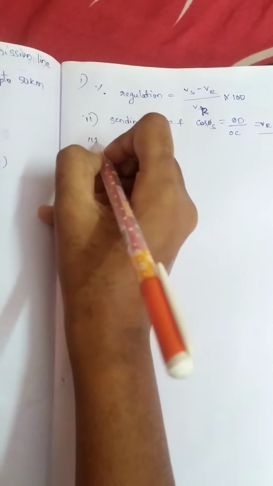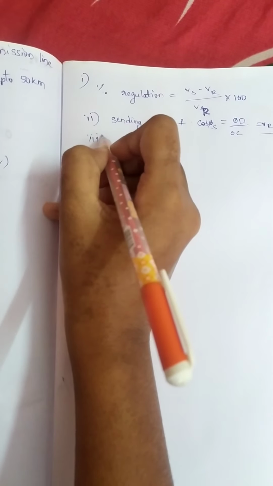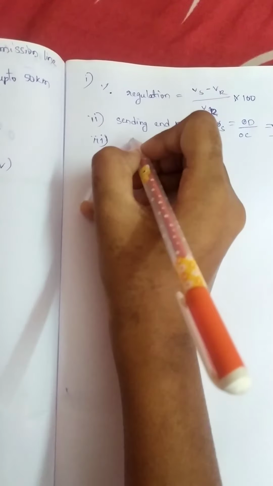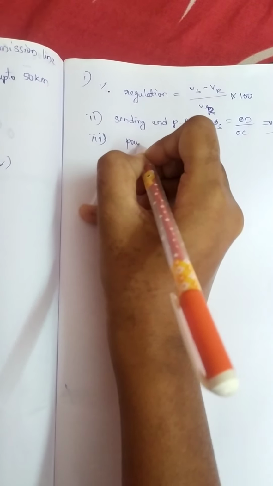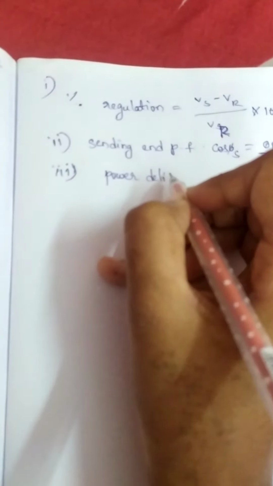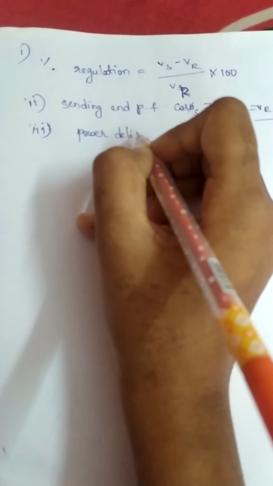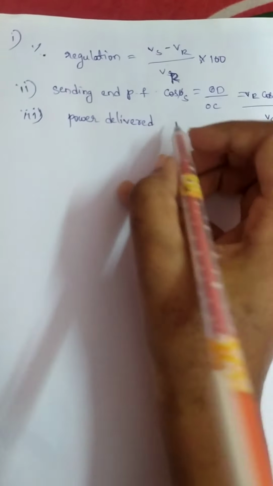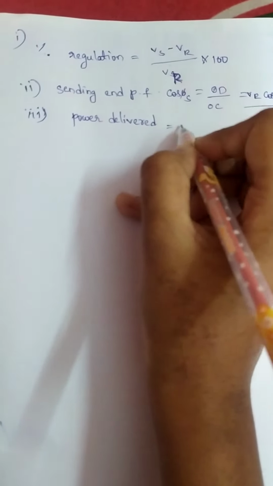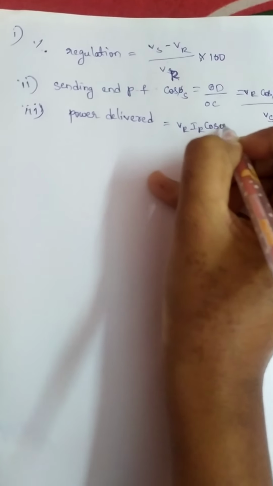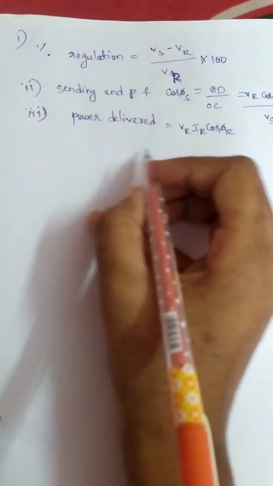And the third one is power delivered. Power delivered is equal to VR IR cos φr.